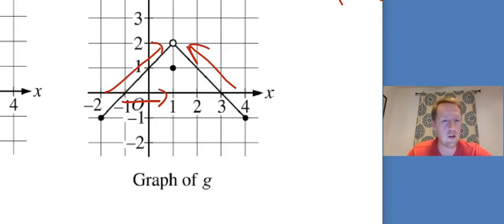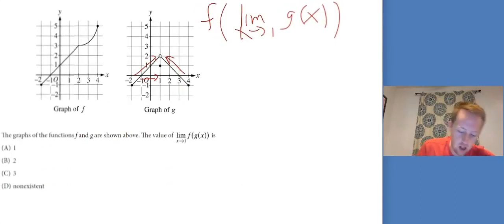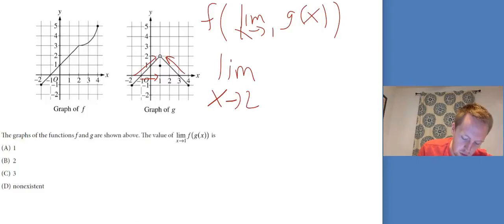And this is a little bit more nuanced thing. It comes up this deep sometimes, not too often, but if you look at the arrows, they're both coming to 2 from values below 2. So that means our limit is going to be the limit as x goes to 2 from numbers below 2.